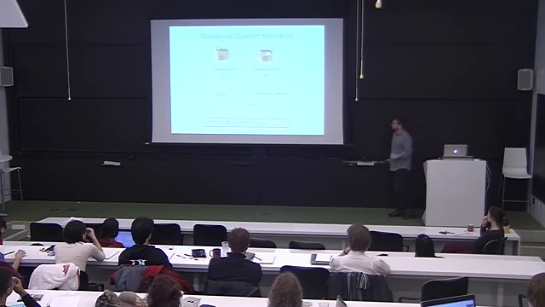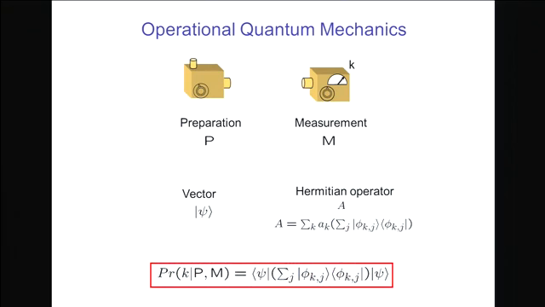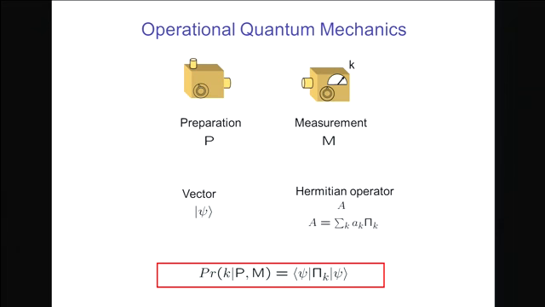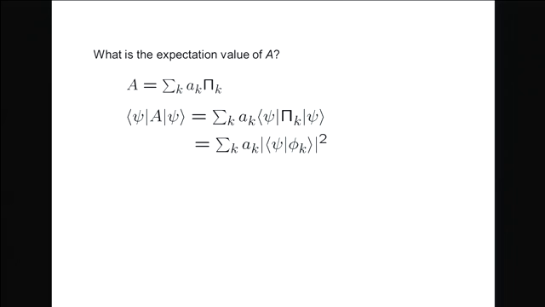And if there is degeneracy, so if there are many different rays labeled by j that all have associated the same eigenvalue, a k, then this is the projector, and I just have to sum over that degeneracy index j when I'm calculating the probabilities. But the eigenvalues don't appear here, and so they're really just conventions.